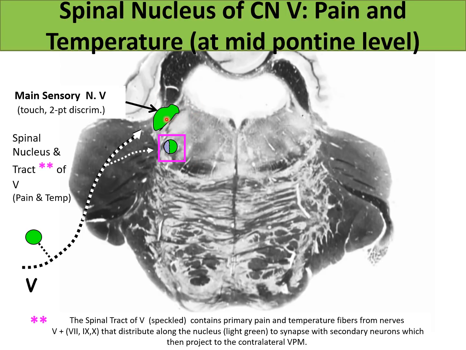So you have the main nucleus out here for touch and 2-point discrimination, and just below it we have the nucleus and tract of 5, and that runs right next to the spinothalamic tract because they're both carrying pain and temperature information. This is for the head, and the spinal tract coming up from the body carries information about pain and temperature in the body, and that will travel up at this point ipsilaterally up to the thalamus, and then up to the cortex.